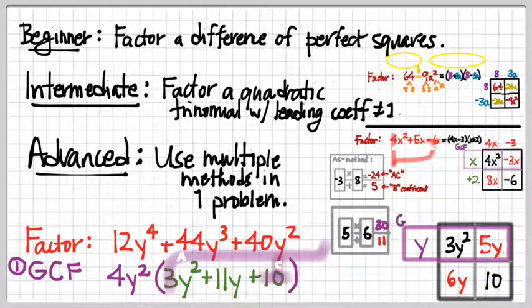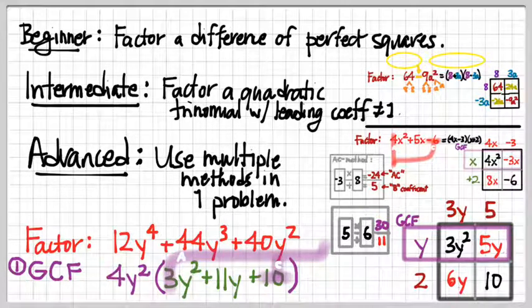So there's the GCF of that. And now we just start the missing factor game. Missing factor between y and 5y is 5. The missing factor between 5 and 10, 2. And the missing factor between 2 and 6y, 3y.